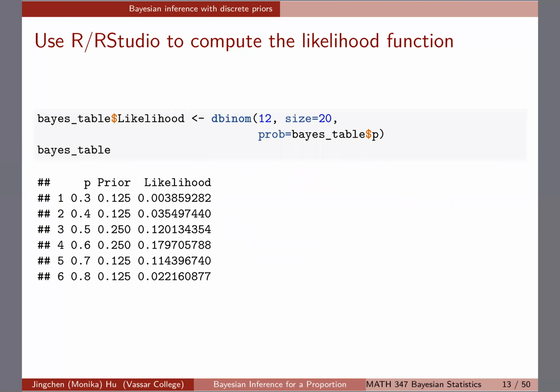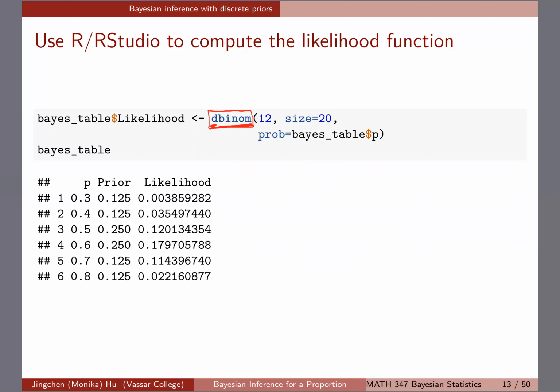Once we get clear about that, if you follow the script that I posted on the slides, you are able to use dbinom. Remember last time, in the in-class exercise, we used dbinom as well, when I covered it quickly to compute the binomial density. Binom stands for binomial in R, and d stands for density.